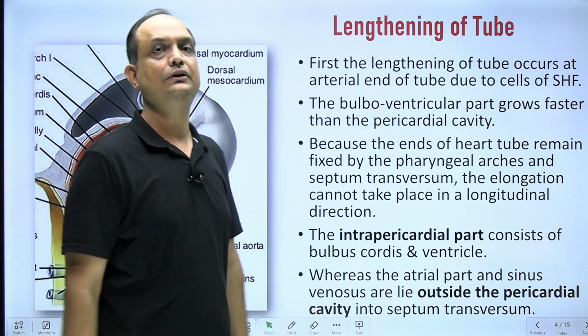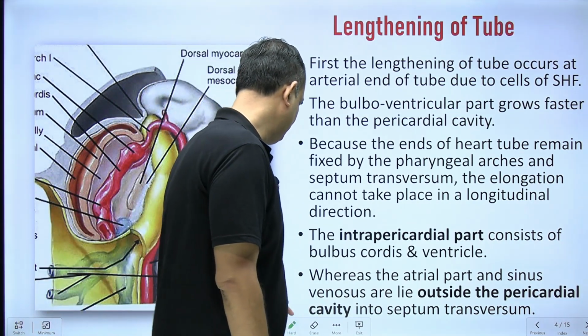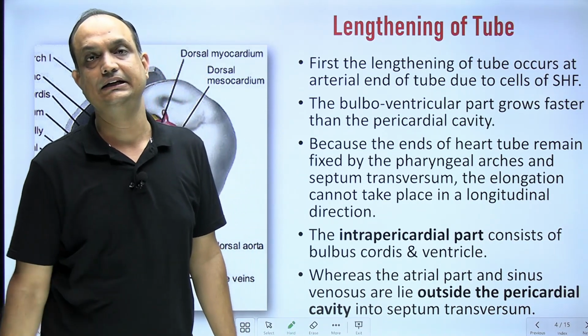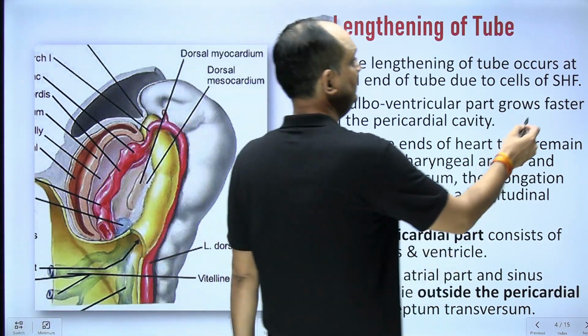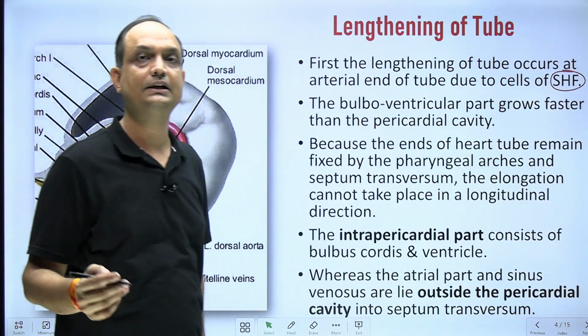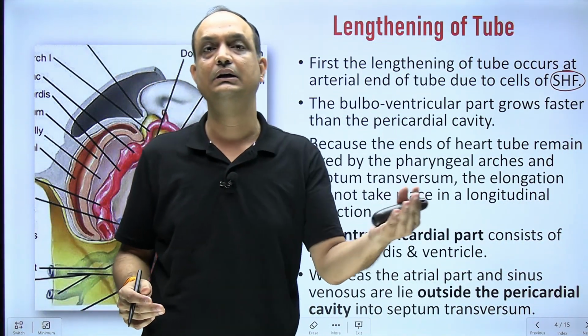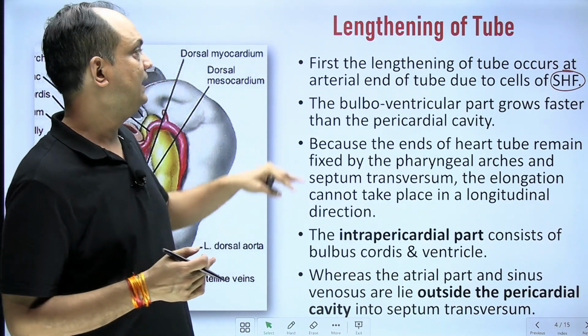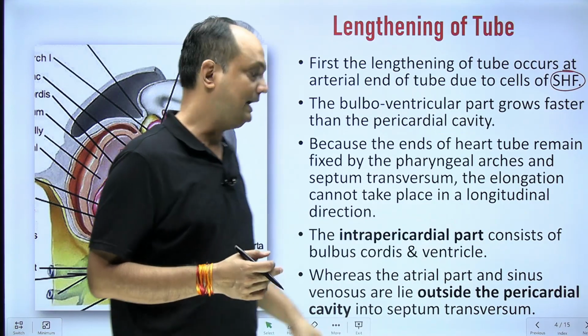Now for the lengthening of the tube, you know that there are two heart fields I initially told you about in my previous class, primary and secondary. This secondary heart field is important for the formation of your cardiac outflow areas. That means it is going to form your truncus arteriosus and the smooth part of the ventricles.